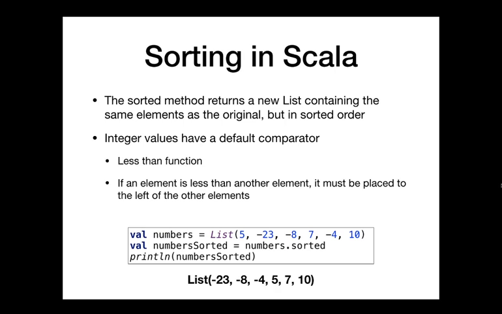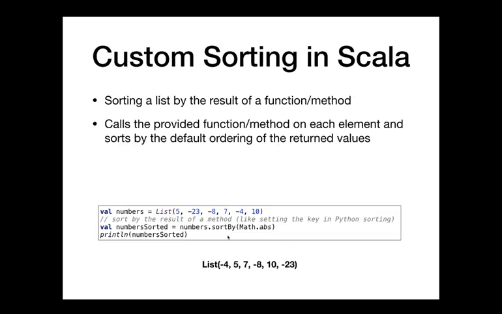But what if we want a different order? We're going to call another method, sortBy, give it a method or a function, and then we're sorting the values in the default ordering, but after having that method or function applied to them. A method in this case, but we could give it a function, which we'll define in a few slides.